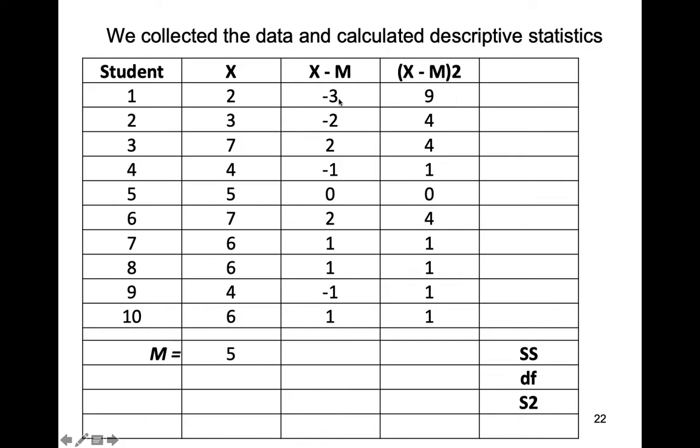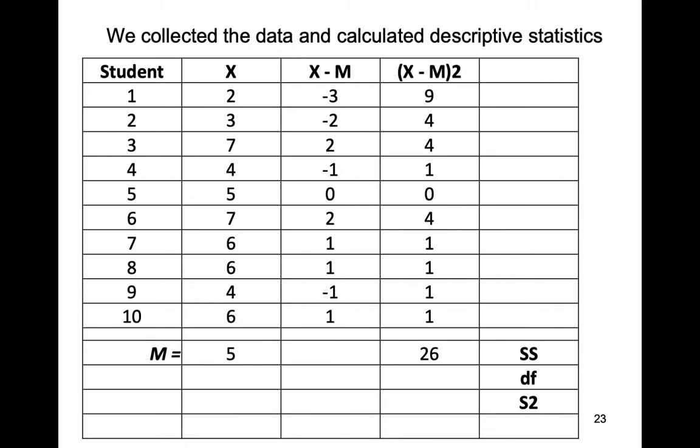Negative 3 squared is 9, negative 2 squared is 4. So we just repeat that process and we get all of our squared deviations. The next step is we're going to sum those deviations. I've just summed this column of data, so we get 26, which is the sum of the squared deviations from the mean, or the sum of squares.